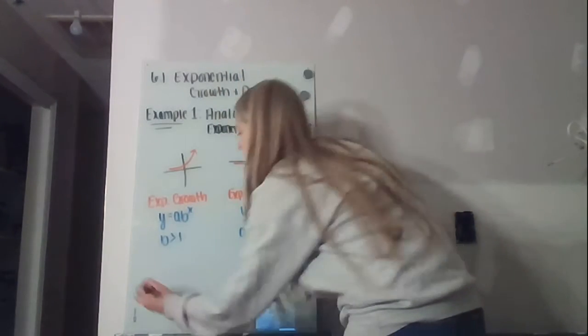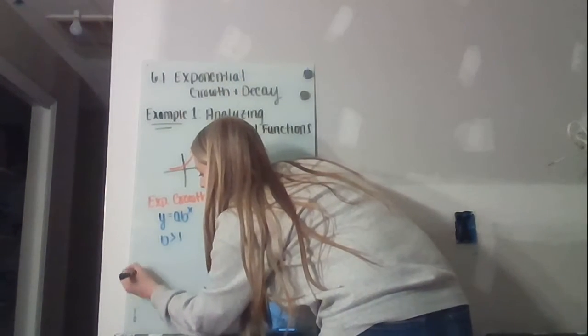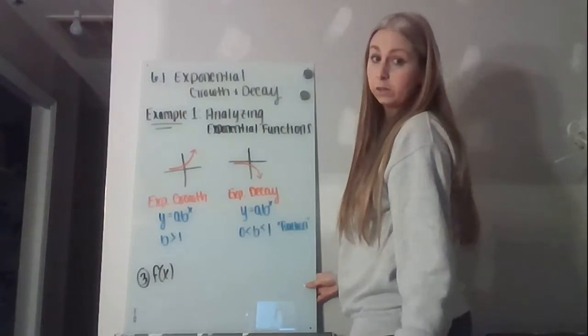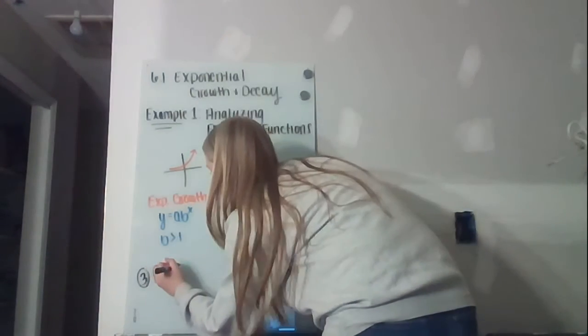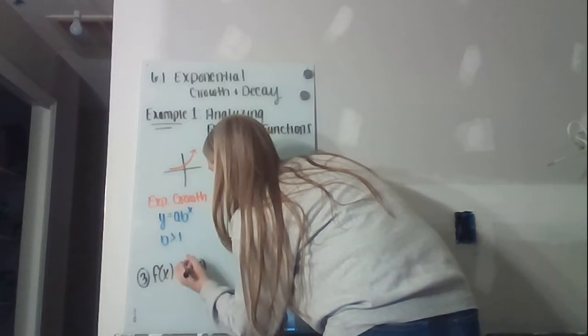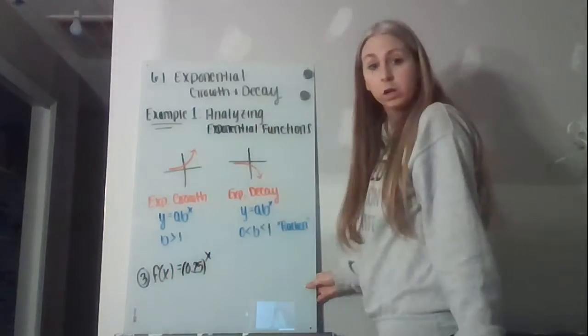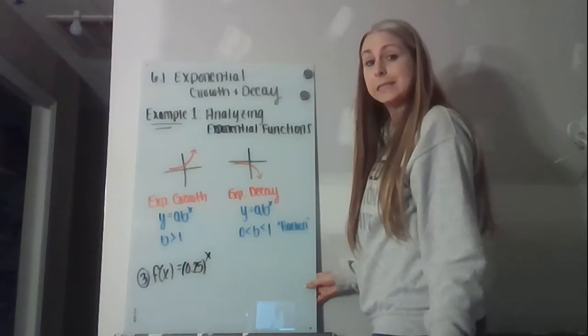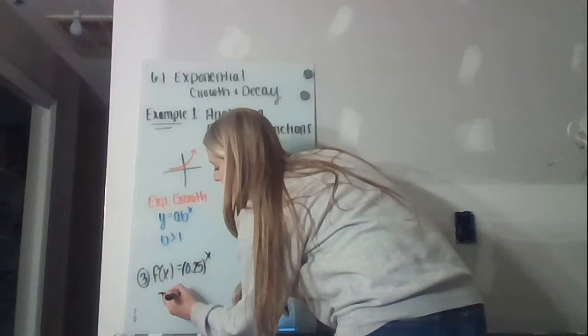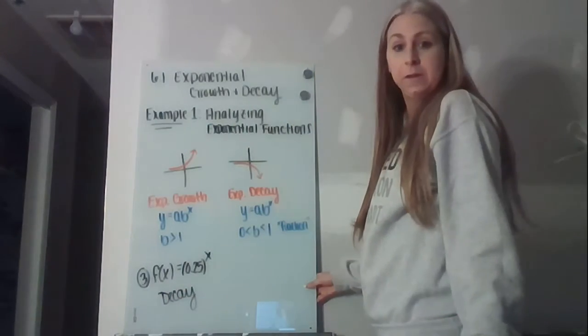Okay, so then we have a third example, which is f of x. Remember, f of x and y are literally the same thing. Don't freak out. 0.25 to the x power. 0.25 is a decimal between 0 and 1. So since it is a decimal between 0 and 1, it is a decay.